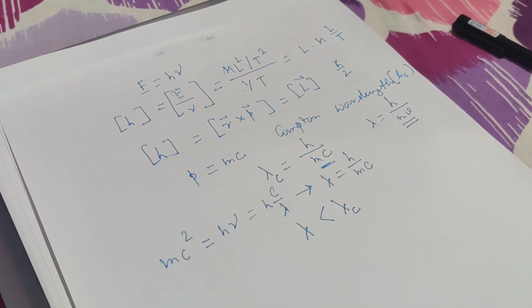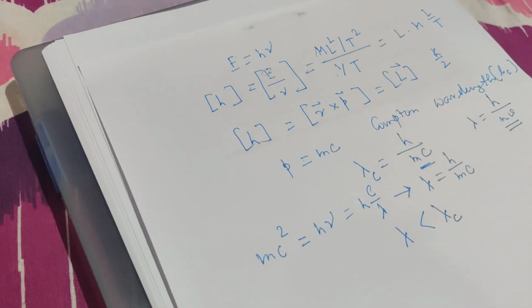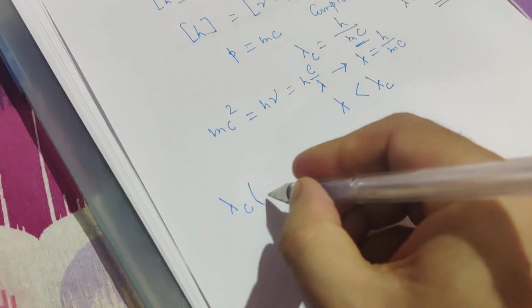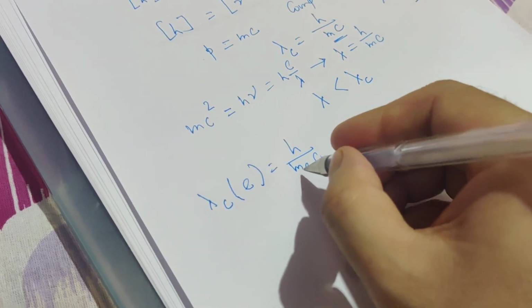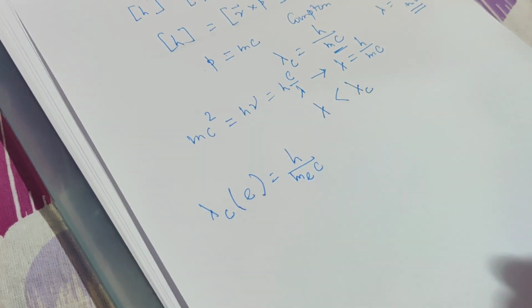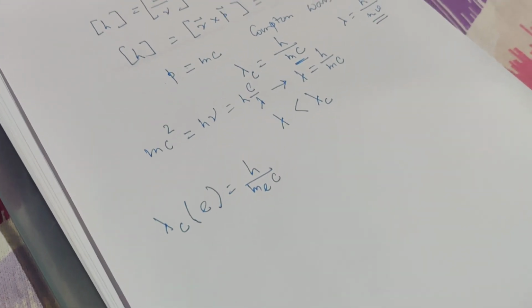So let us calculate the Compton wavelength of the electron, that is lambda c of electron is h upon m_e c, where m_e is the mass of the electron and c the velocity of light in vacuum.